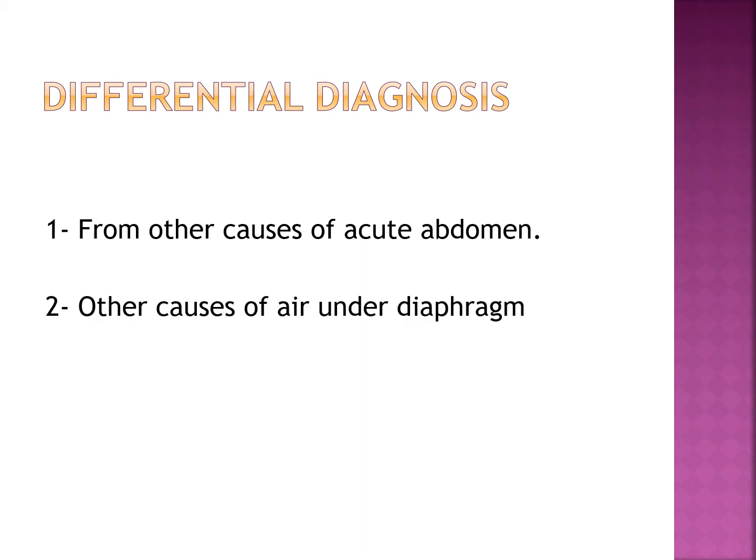Another dilemma arises in patients who have air under diaphragm. If you have a patient with abdominal X-ray showing air under diaphragm, there are various differential diagnoses that you should exclude.